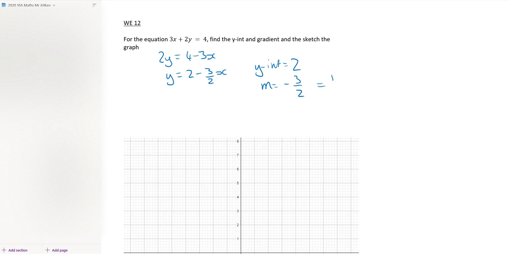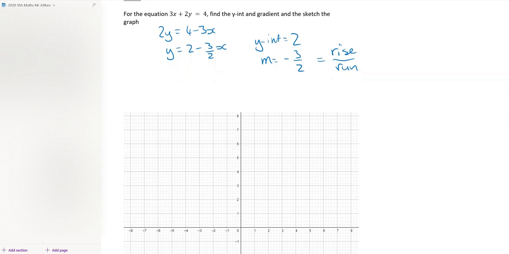If I make that similar to rise over run, what's my rise going to be? Minus 3, and my run would have to be 2. So where am I going to start in this graph? Let's start at the y-intercept. What is the y-intercept? 2. So I'll start at 2.